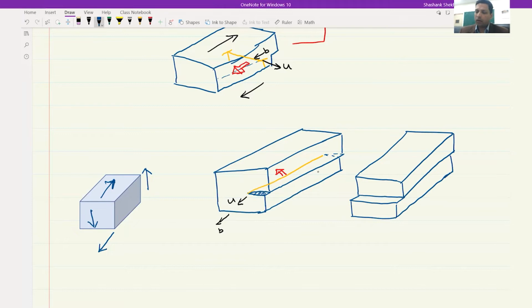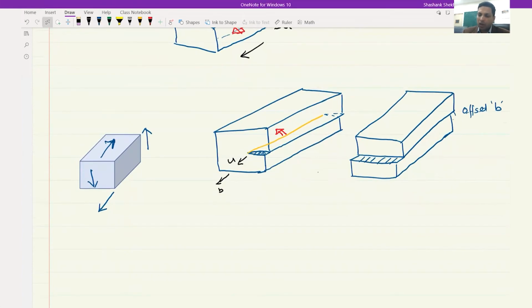So this is the final configuration. Although I have drawn a line over here, it should not be over here, but you can ignore that line. And then this is the step over here, and this is the step here. So this is again offset B, which has been created because of the motion of the screw dislocations.